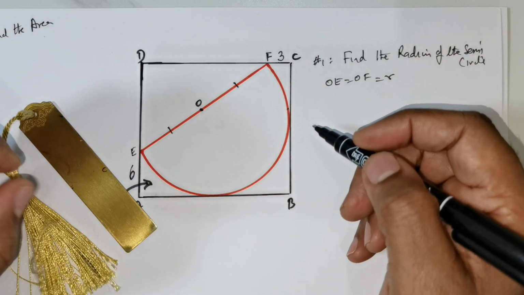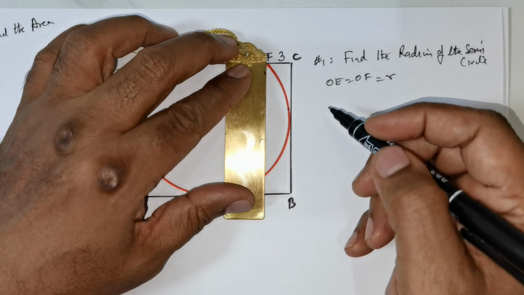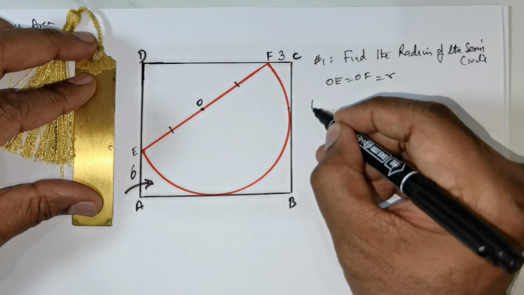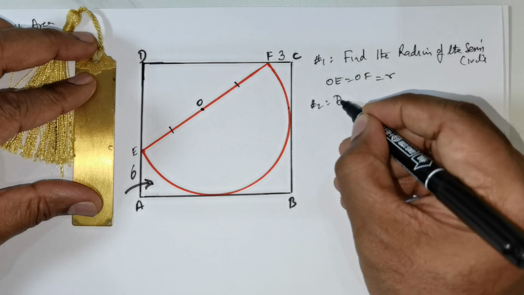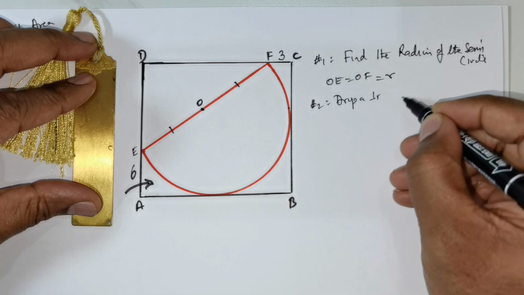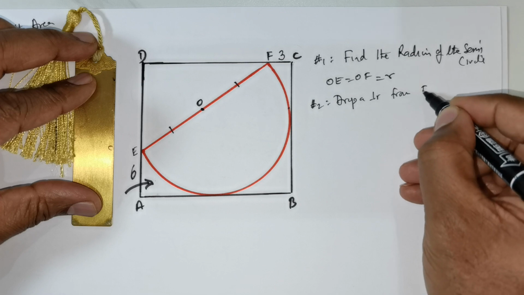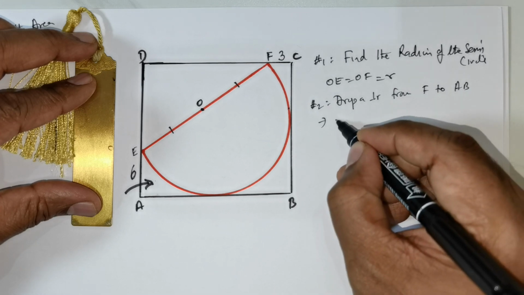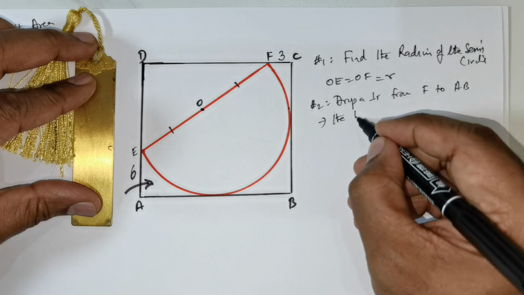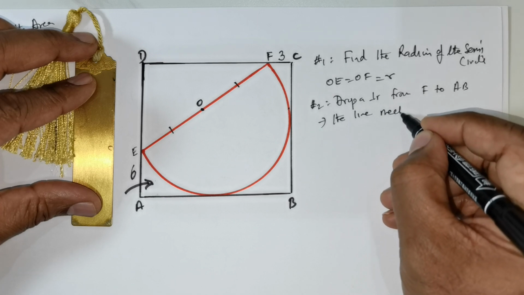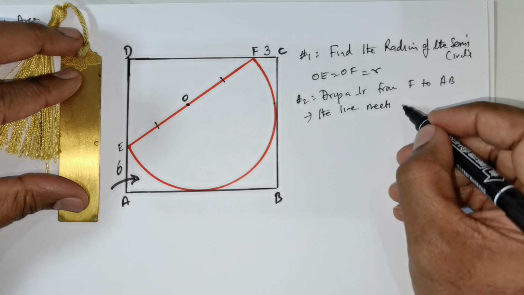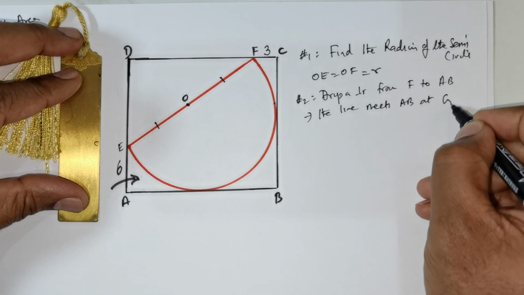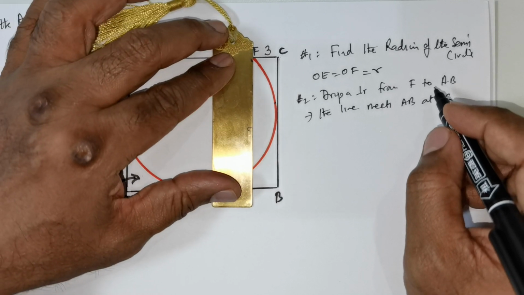Now before I could do that, what I would like to do is I would like to drop a perpendicular from F to AB. So step 2 is drop a perpendicular from F to AB such that the line meets AB at G, right?